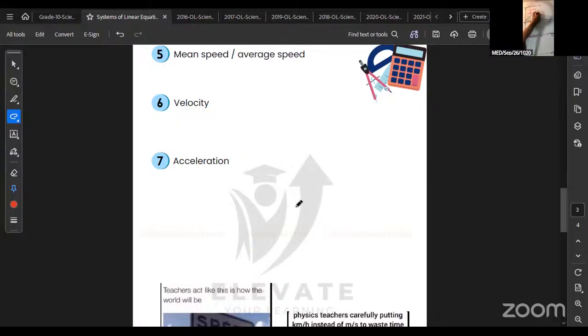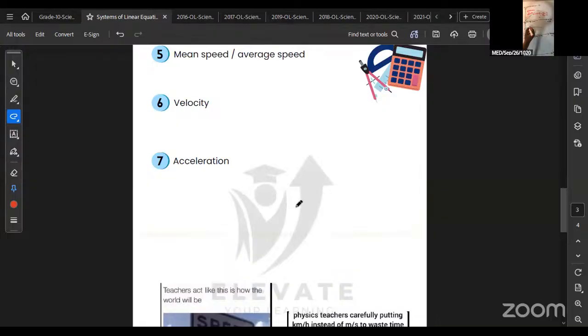I'll not complicate it. Gradient simply means the y-axis difference, that means y2 minus y1 over x2 minus x1. That's the gradient, right? So the gradient of a displacement time graph is going to give you velocity.